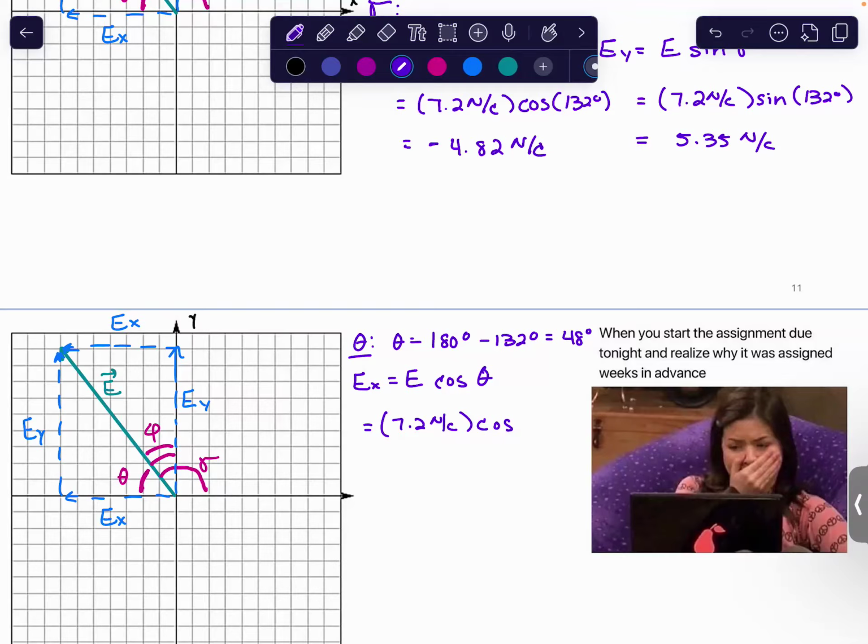But technically that's a negative 48 degrees. Remember, clockwise motion, negative angle. Counterclockwise motion, positive angle. You could put it in as negative 48. You could just put the 48 in there, get the number, then you see which way the x component pointed. It has to be negative.